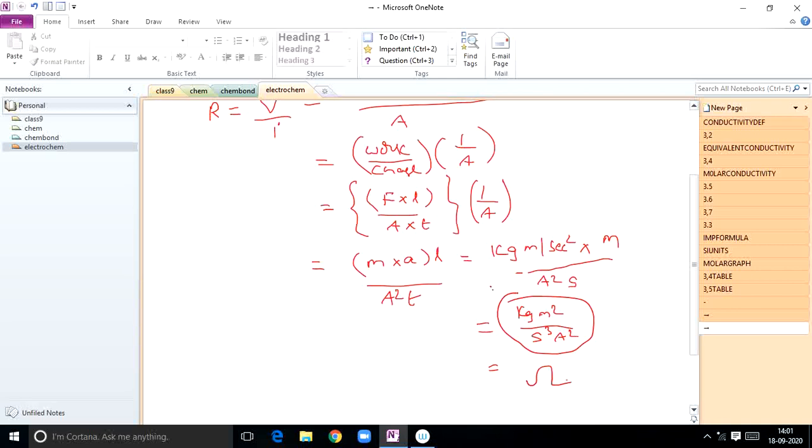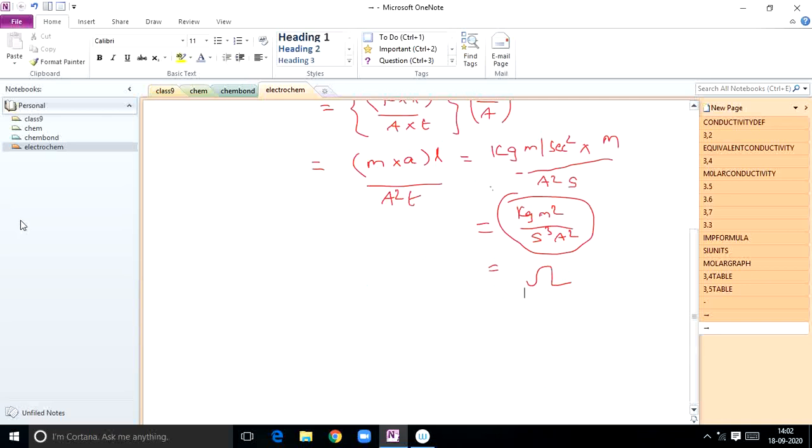So a substance which offers greater resistance will allow less electric current to flow through it. That is the key point, important point.